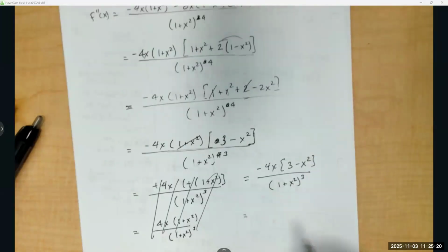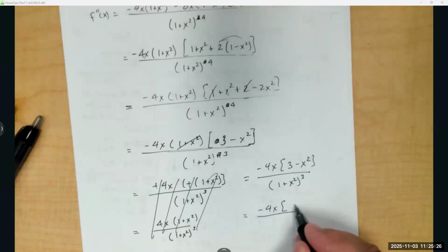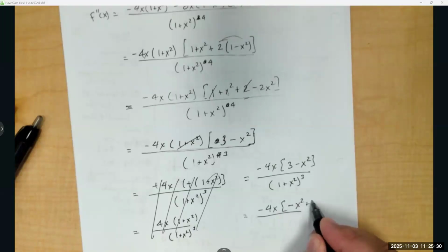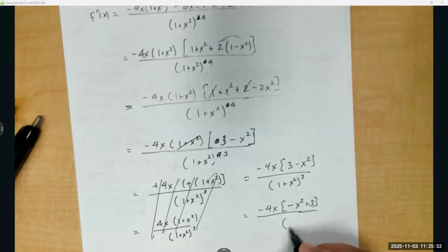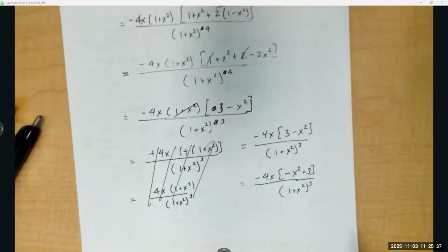Negative 4x, negative x squared plus 3, get rid of that negative.